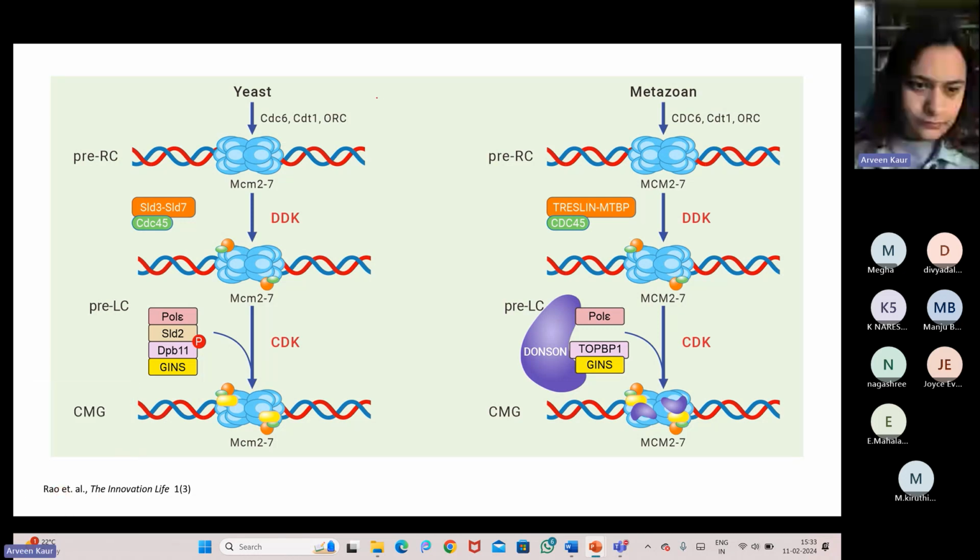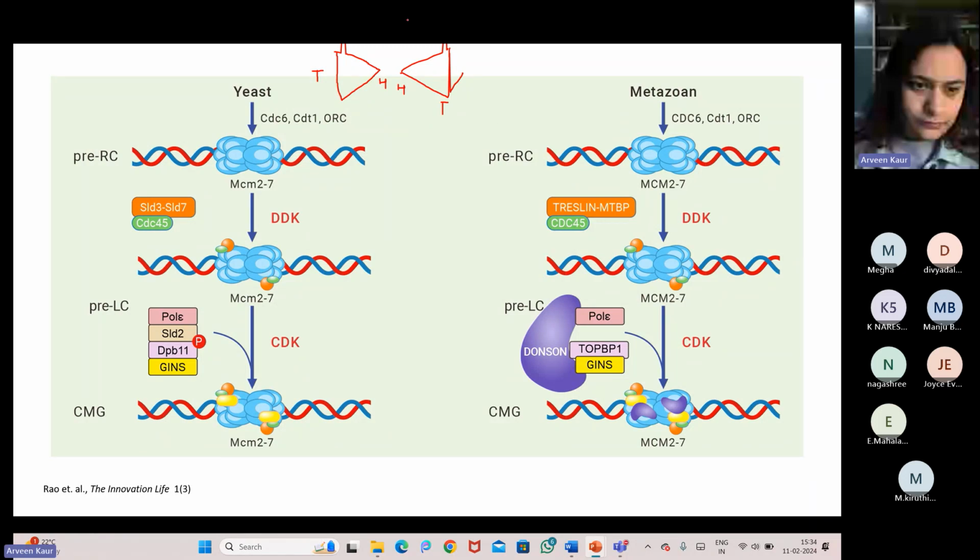What I mean to say is, let me just try. Say this is one MCM complex wherein this is the head and this is the tail. And there is another MCM complex wherein this is the head and this is the tail.